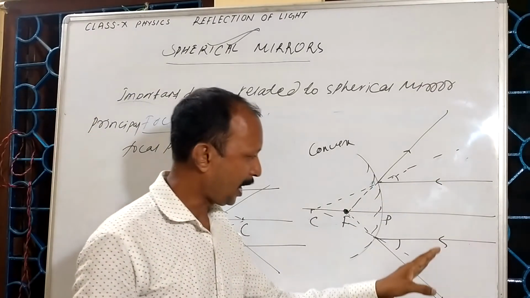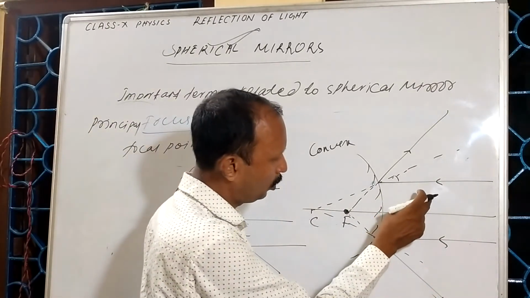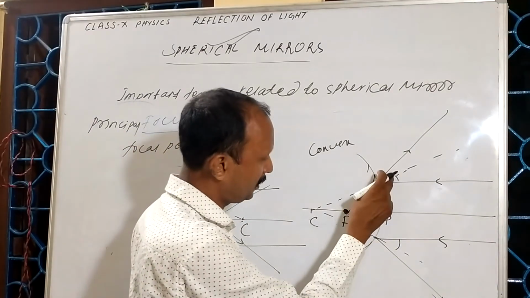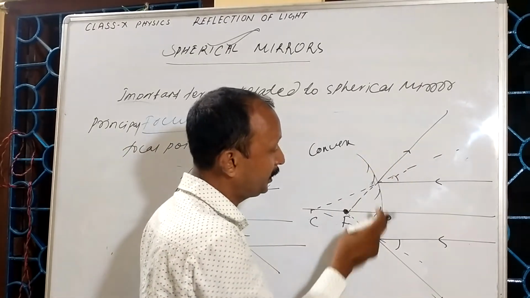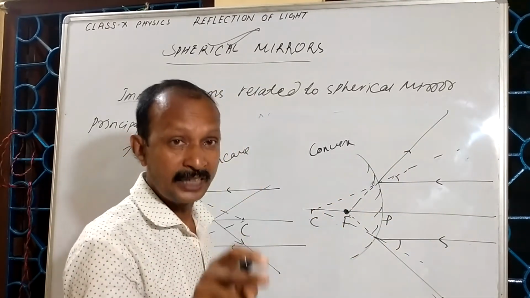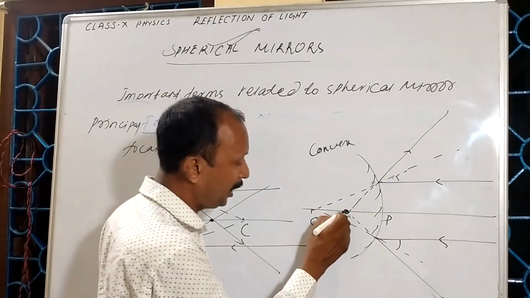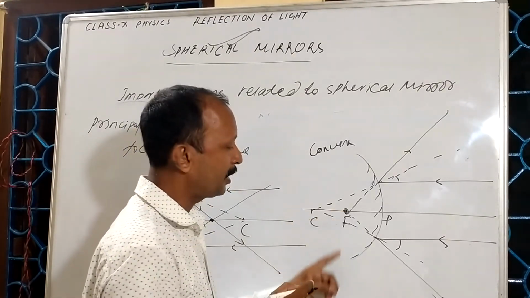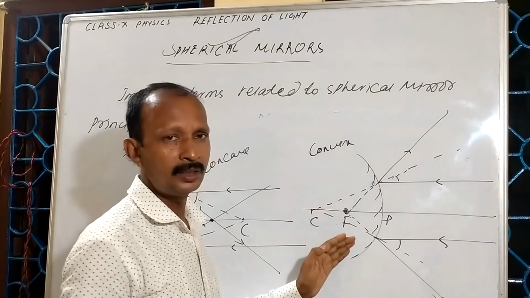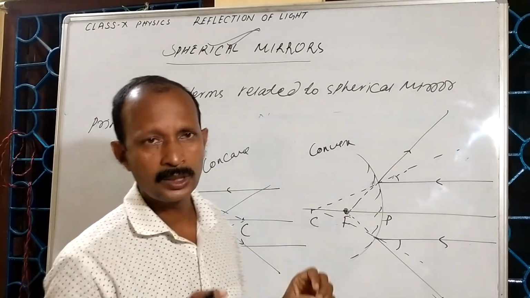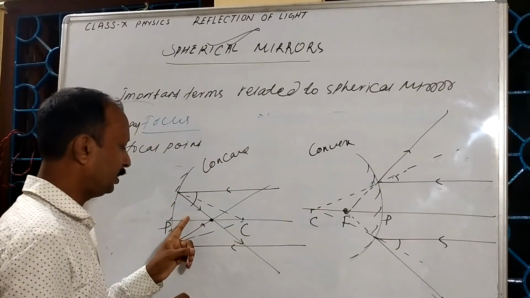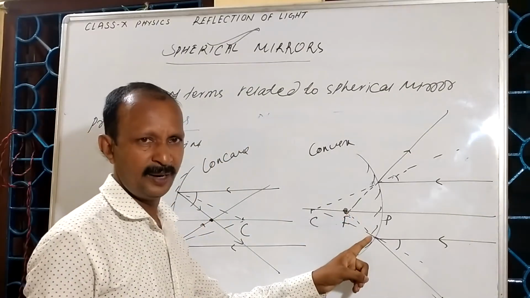Here, all the light rays that are close and parallel to the principal axis, after incidence, are reflecting, however, they appear to diverge from a common point. This point is called the principal focus or focus.